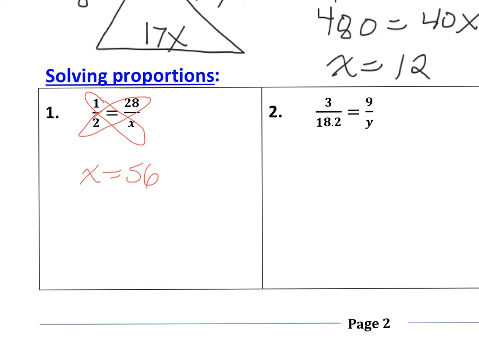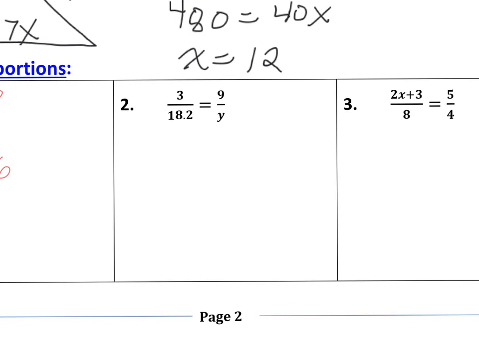All right, taking a look over here, we've got 3 is to 18.2 as 9 is to y. We're going to cross multiply.